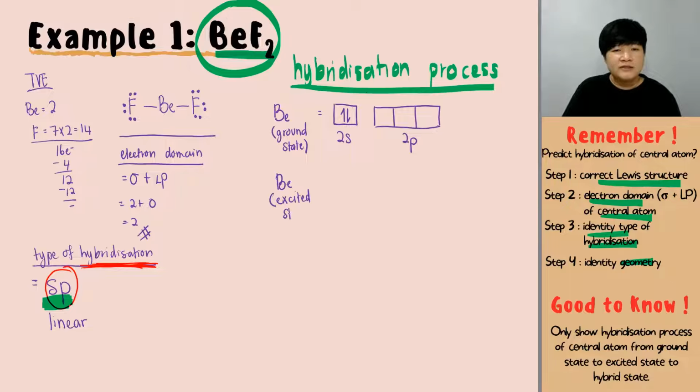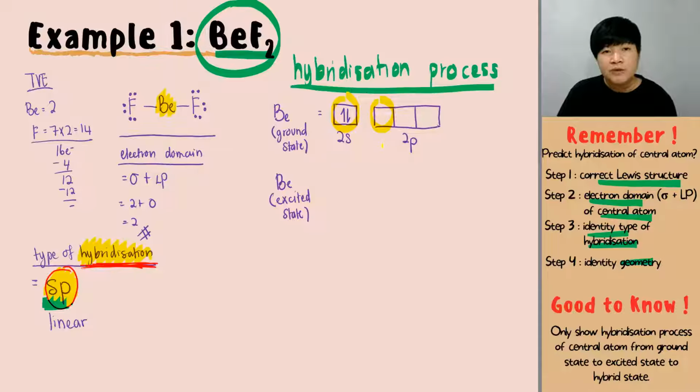So, what is actually the excited state and how do we do the excited state? Simple. We have already identified the type of hybridization of beryllium in beryllium fluoride, which is your sp. And we know that, guys, sp means we are going to take one from the s and one from the p. But guys, look at the p.